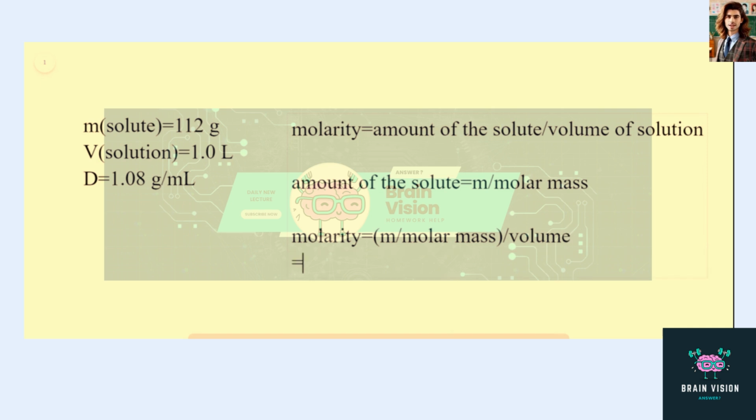Let's put in some values. We know that the mass of the solute is 112 grams. We know that the molar mass of NaCl is 58.44 grams per mole.